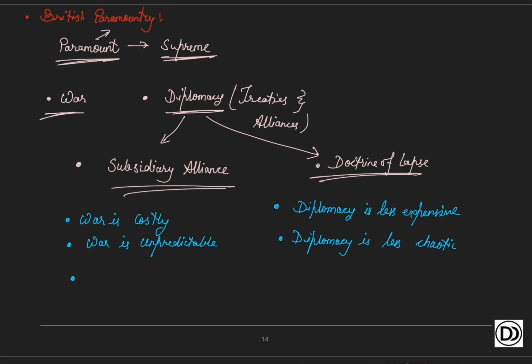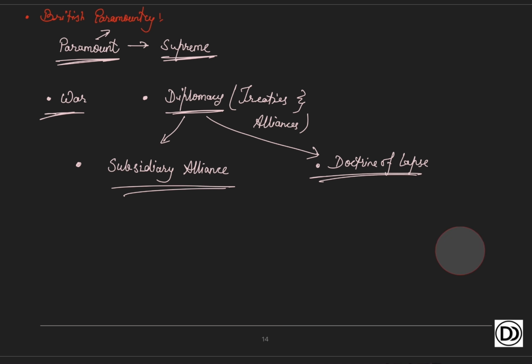So a reason is needed, and they can't always find a reason to go to war. Whenever they couldn't find a reason to fight, they preferred diplomacy. So there are so many advantages of this approach. So let us look at subsidiary alliance first.